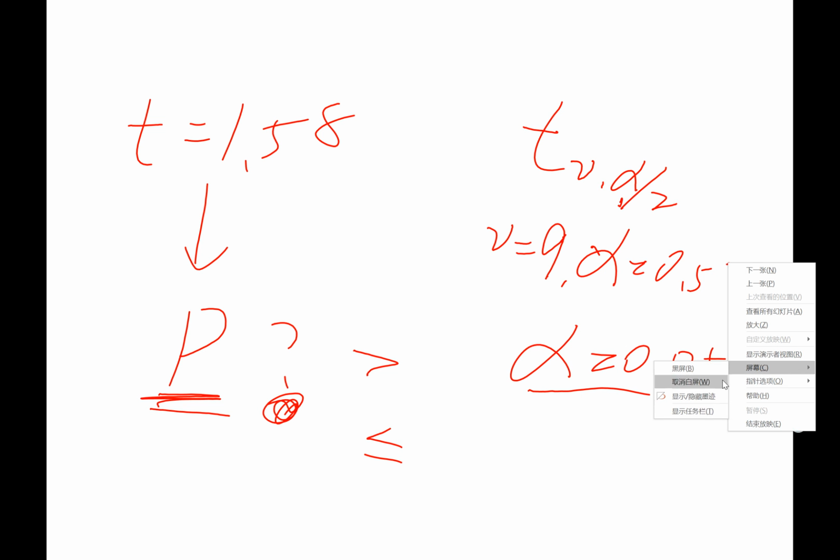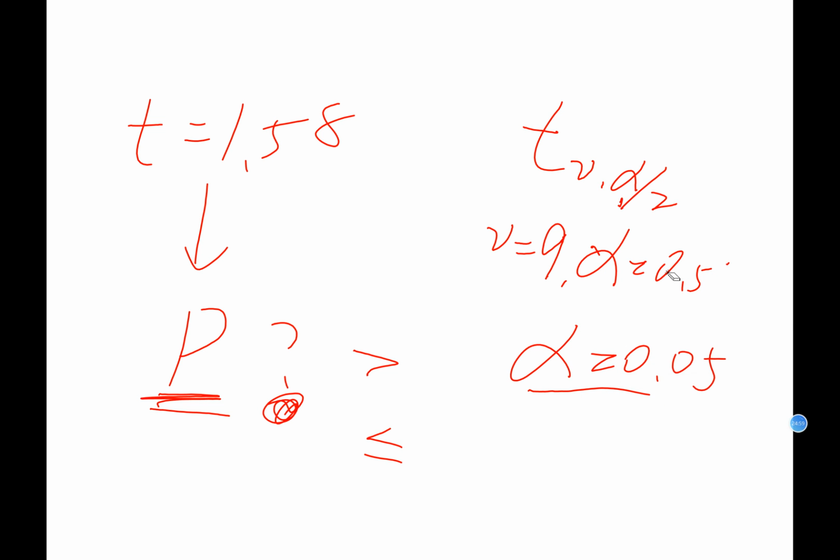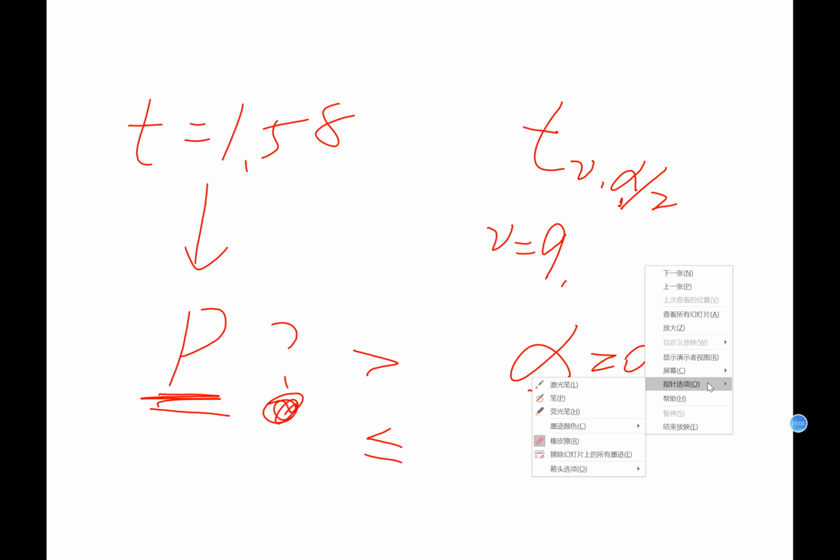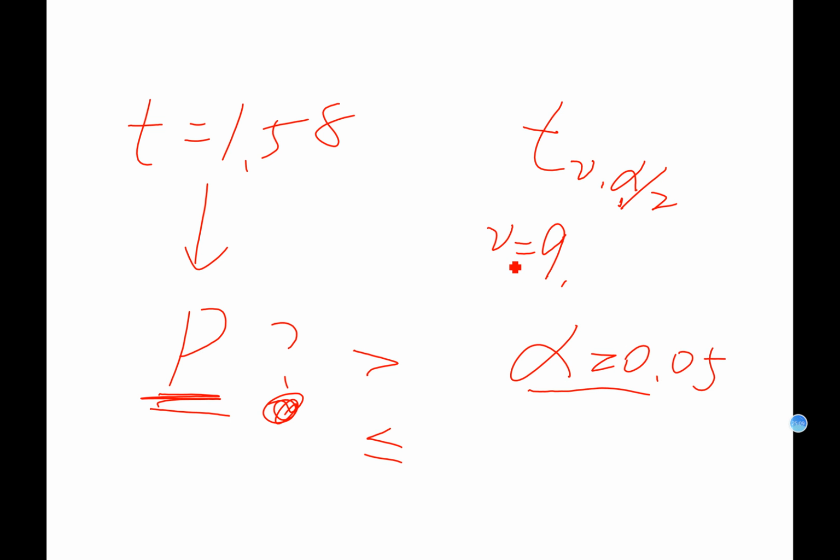Oh, I made a mistake. Let's clean it. Okay, we can use these two numbers to find a special t value in table A2. That is the standard t value.